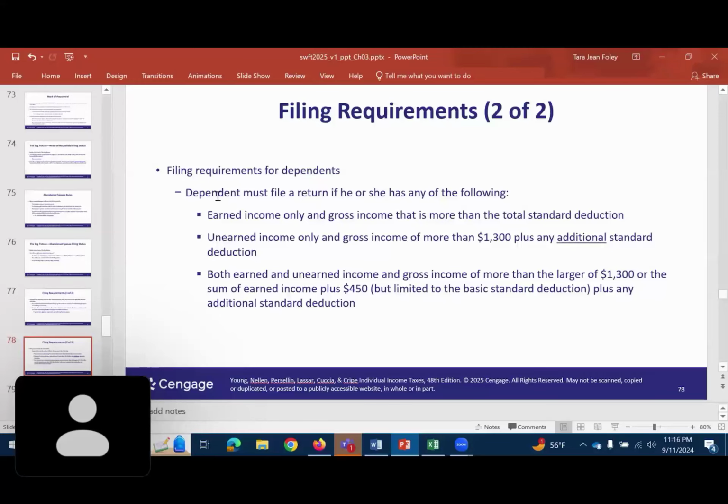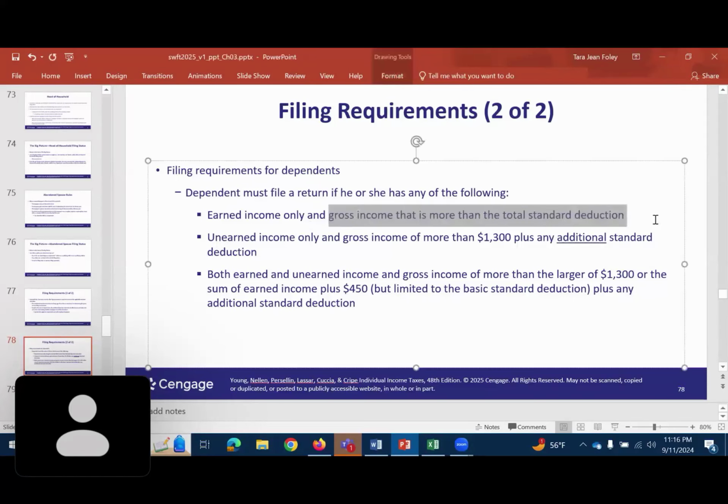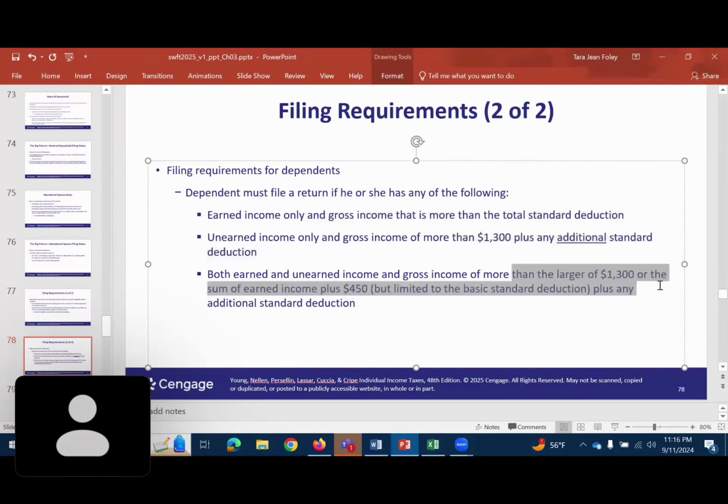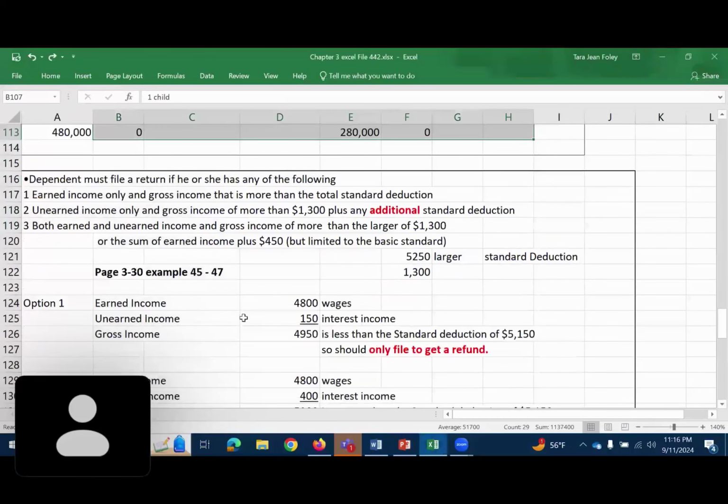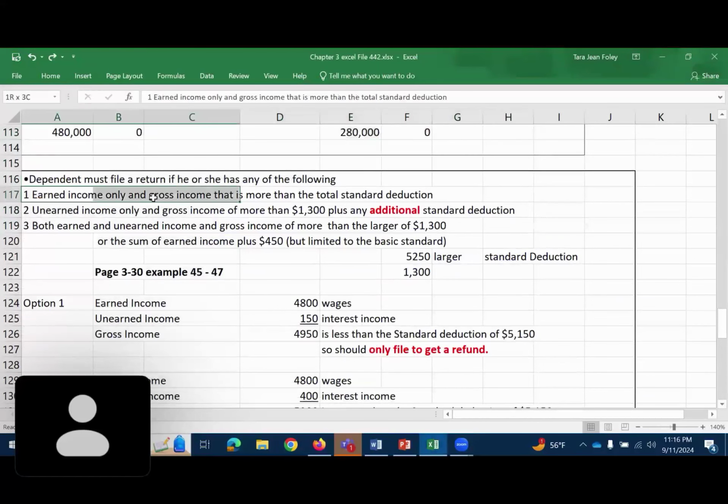A dependent must file a return if she or he has any of the following: earned income only and gross income that's more than the total standard deduction; unearned income and gross income of more than $1,300 plus the additional standard deduction; or both earned and unearned, that's the 1,300 plus 450. So I have this here.